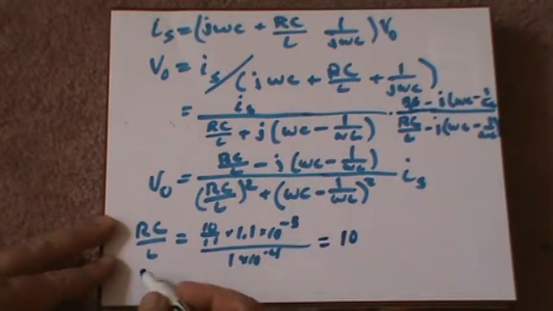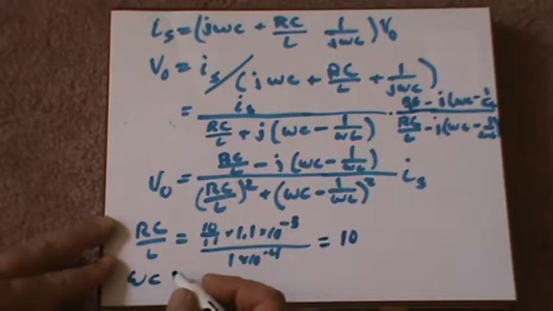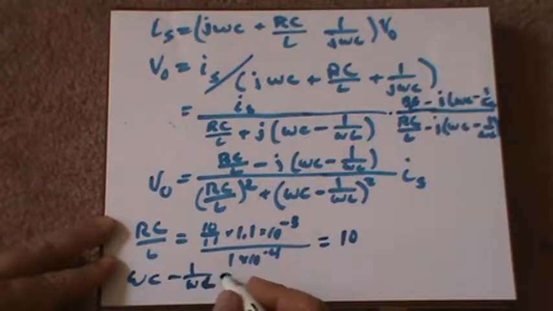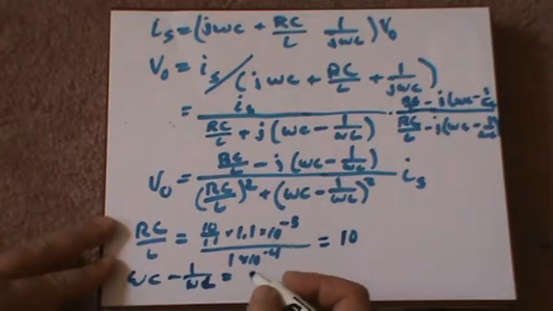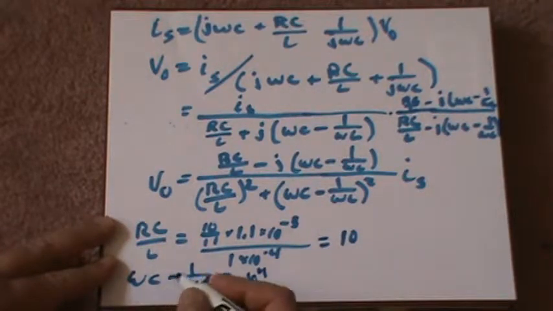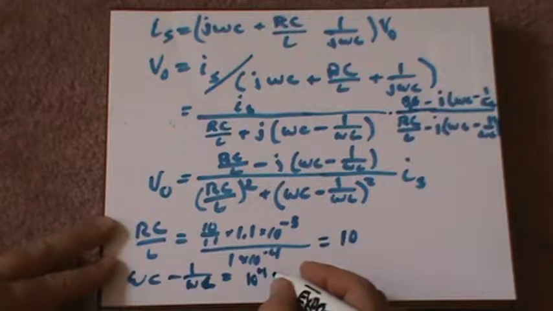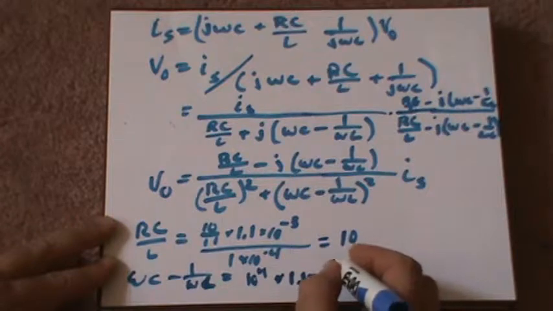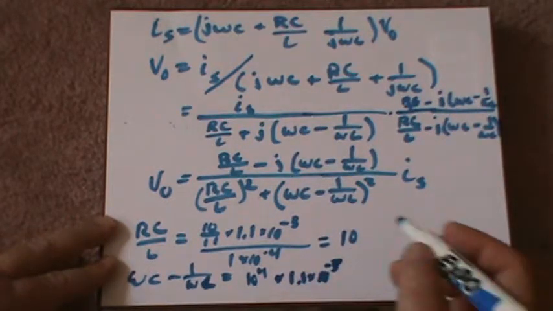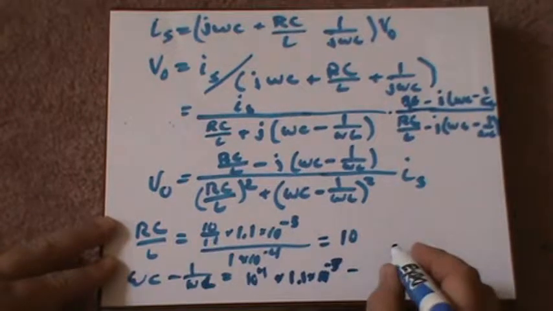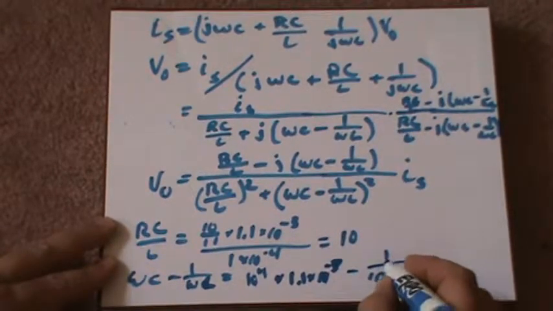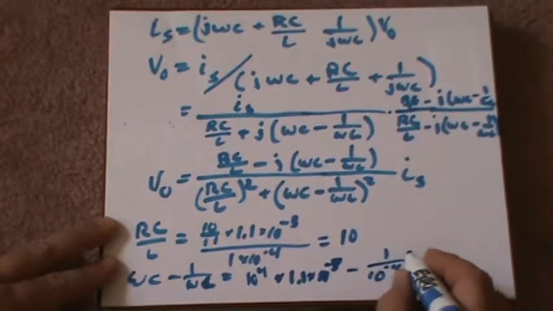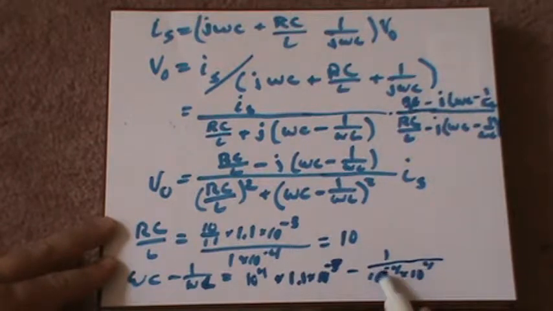That's a nice clean expression, and then we've got omega C minus 1 over omega L. Omega times C: omega is 10 to the fourth, and C is 1.1 times 10 to the minus 3, minus 1 over 10 to the minus fourth times 10 to the fourth, because that's L and that's omega.